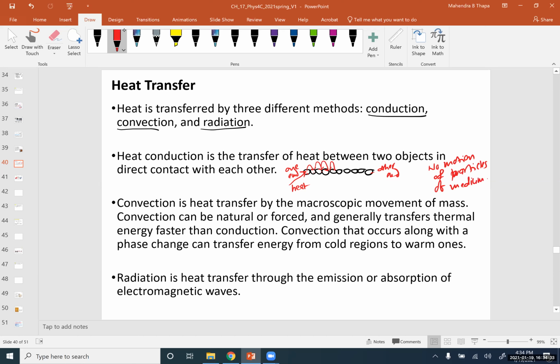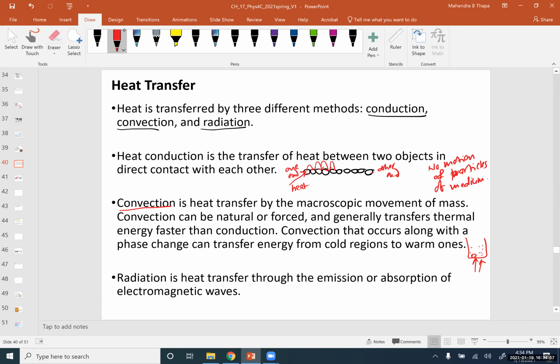In convection, energy transfer happens along with the actual motion of the particles. For example, if you heat water in a container, what will happen?